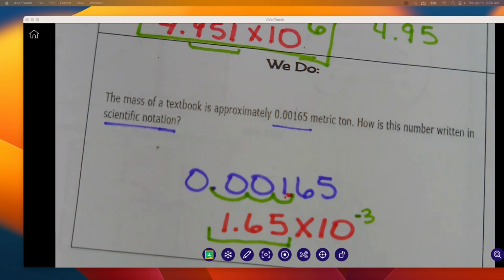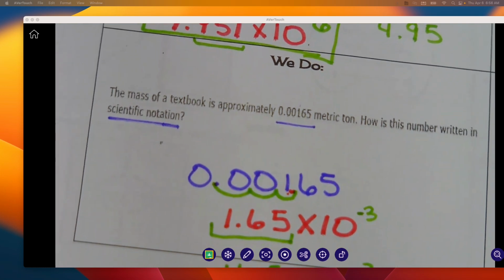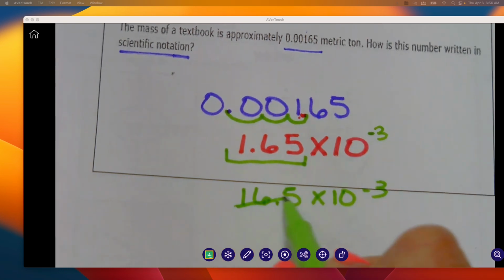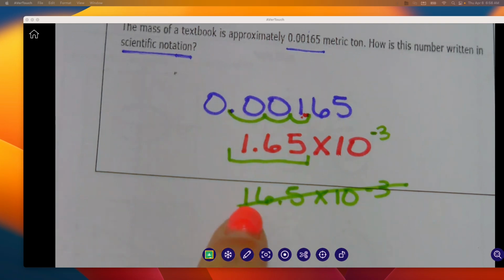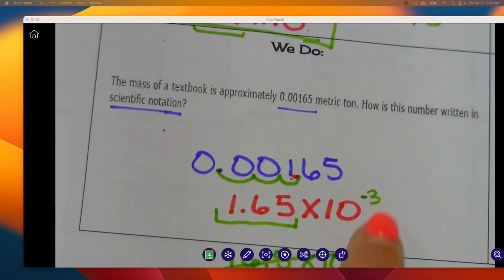Because guys, sometimes you can eliminate answer choices. Let's say you might have an answer choice like this. This base number here is not between 1 and 10, it is 16. So automatically, you know you can eliminate this one just by the base number. Another way to eliminate answer choices in a multiple choice question is looking at whether your exponent is positive or negative.